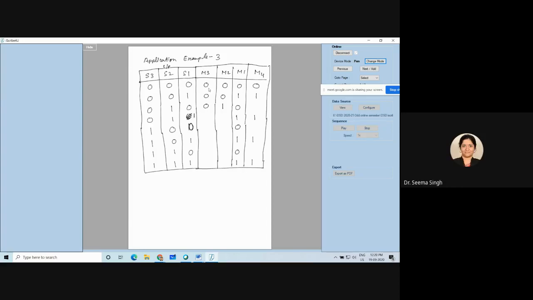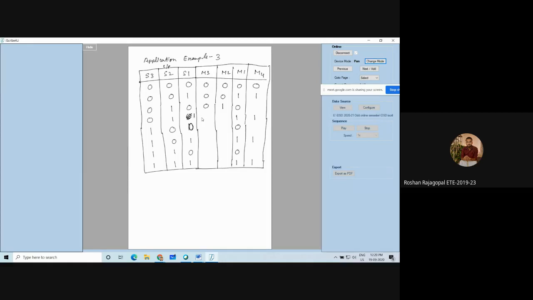But the condition should be met properly. So the condition says here, when S1 is having a material, S1 is on, the question said that if a material is present, S2 and S3 will not be given priority, right? So what should be M3 and M2? Tell me. Ma'am, M3 will be 0, M2 will be 1.